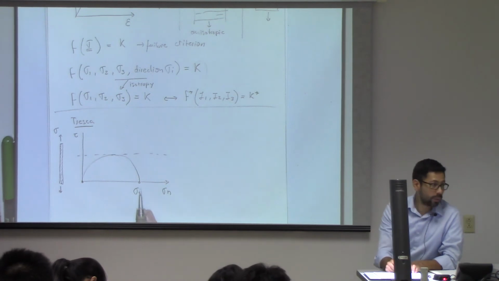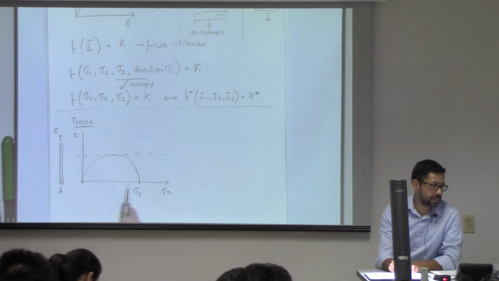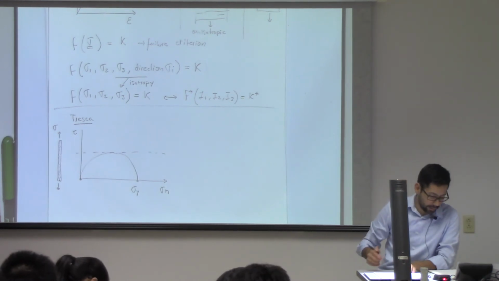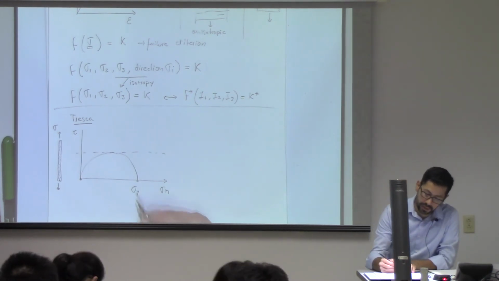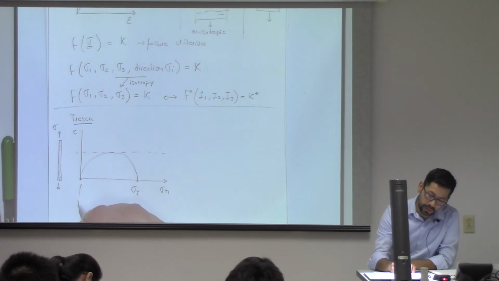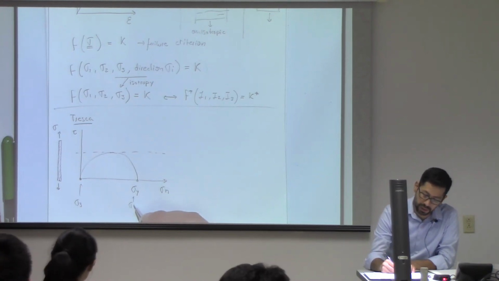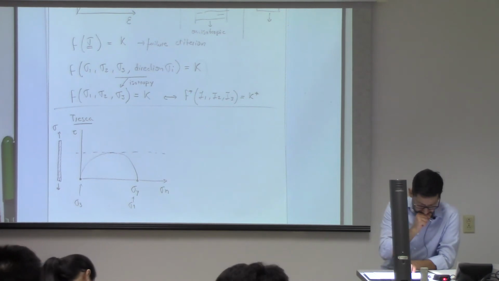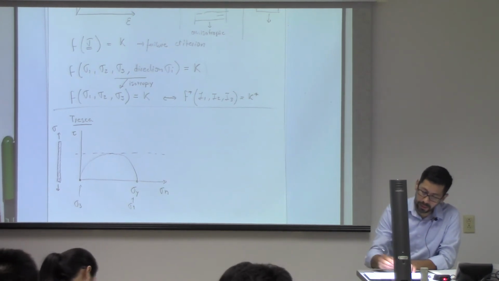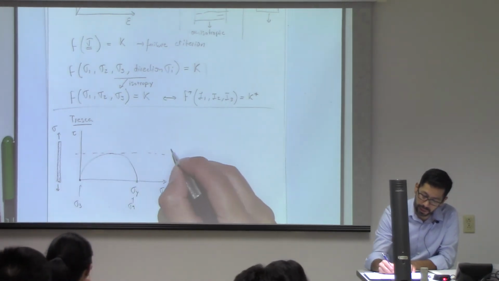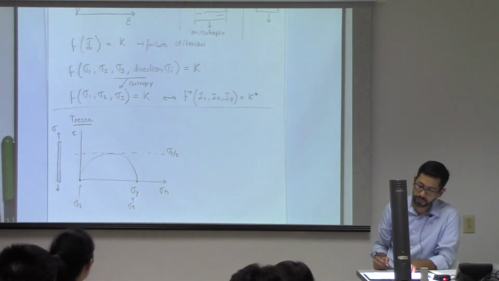Here we are increasing stress until you get to the yield stress. And therefore, if this is the yield stress, this is the minimum principal stress, this is the maximum principal stress, this line is going to be at sigma y divided by 2.